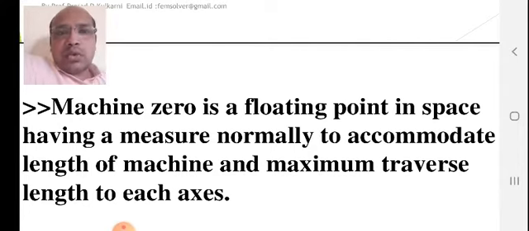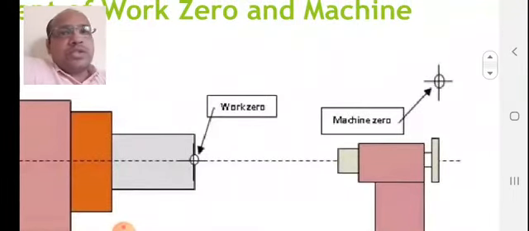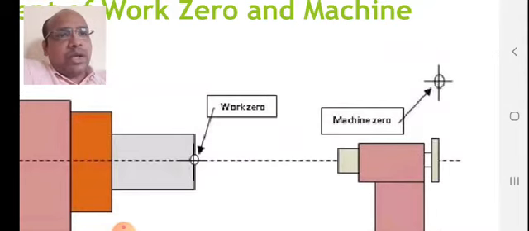So machine 0 is not a fixed point. You can see this diagram. Machine 0 is not a fixed point. It is shown at a location here, but it may be at another location in a machine. So it is not a fixed point.